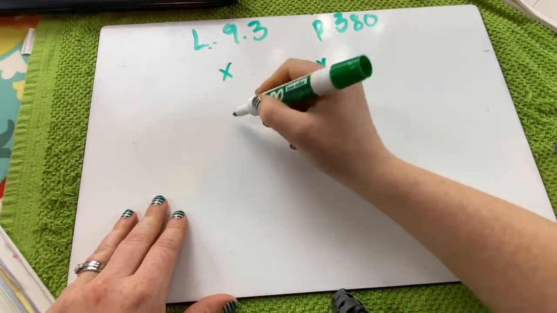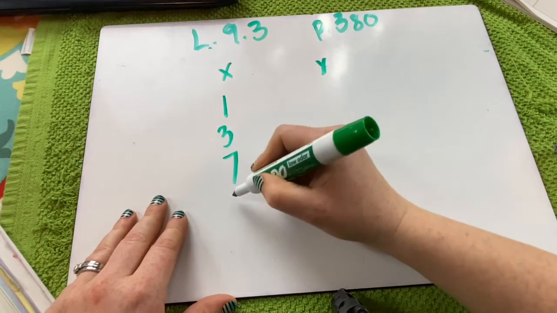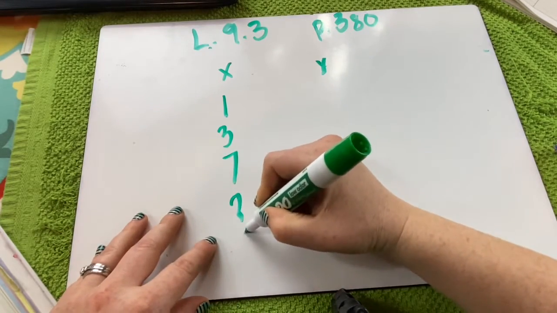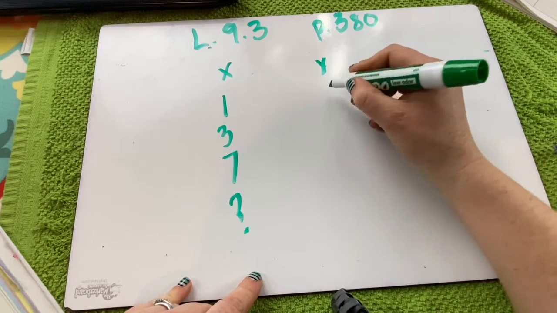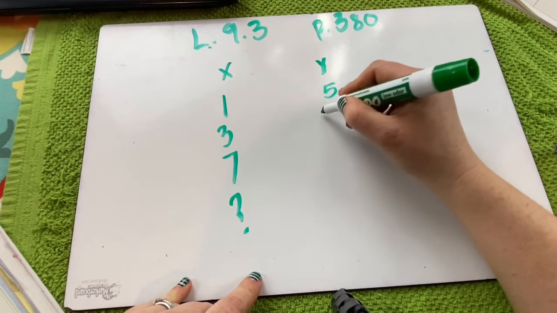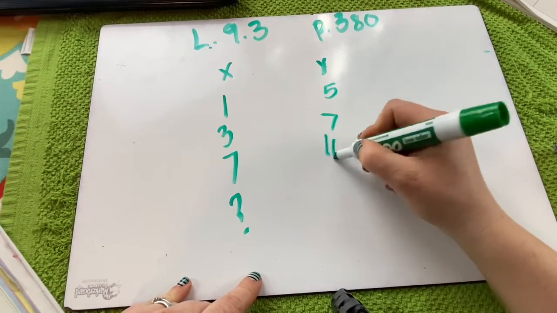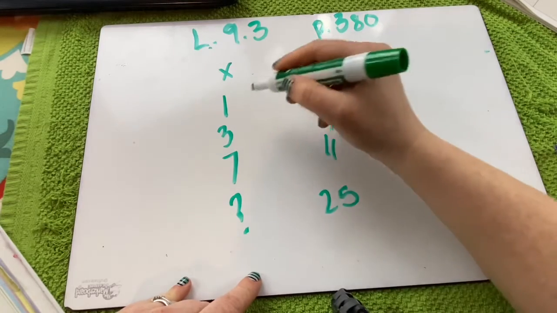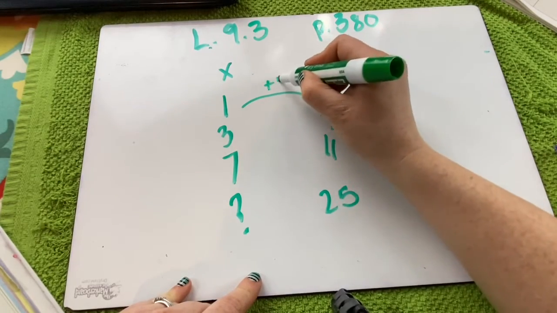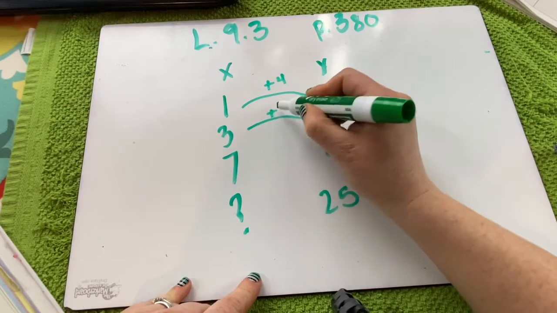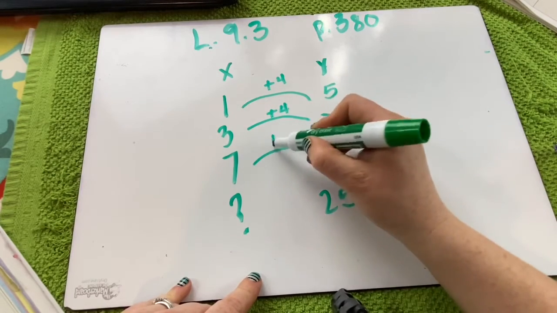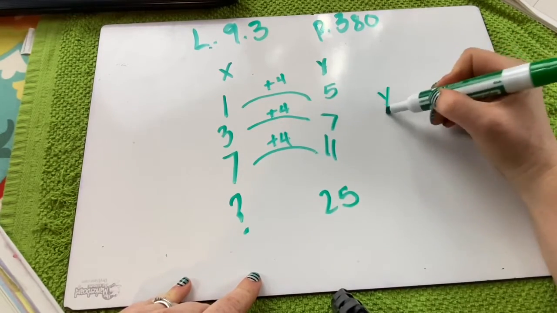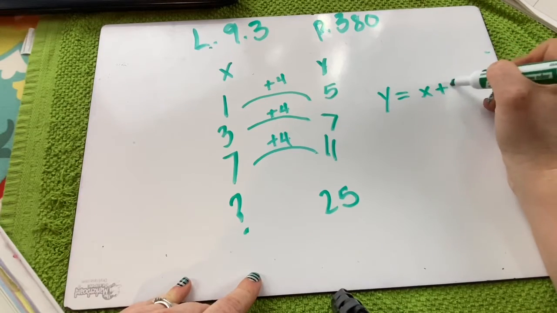So the x's, the y's, 1, 3, 7. They're trying to figure out what that one is. Okay. 5, 7, 11, 25. Okay, so how did this change? Plus 4, right? How did this change? Plus 4. This one, plus 4. So I know that this is y equals x plus 4.